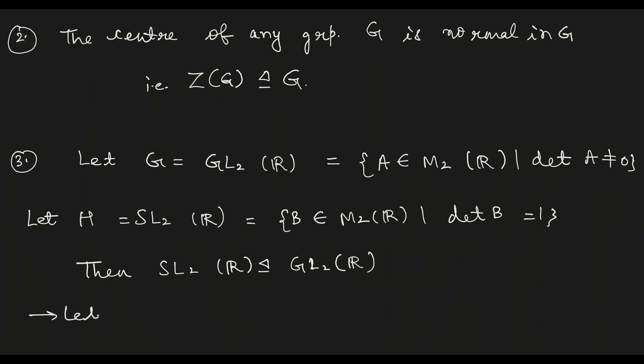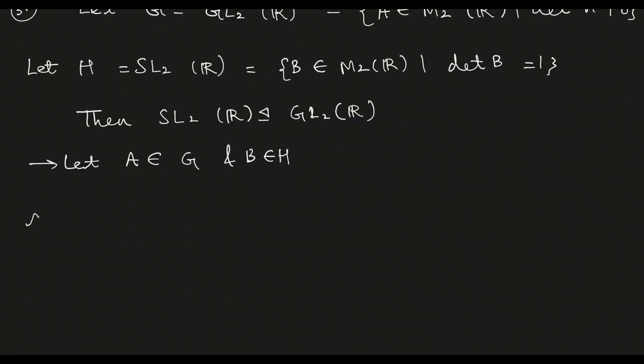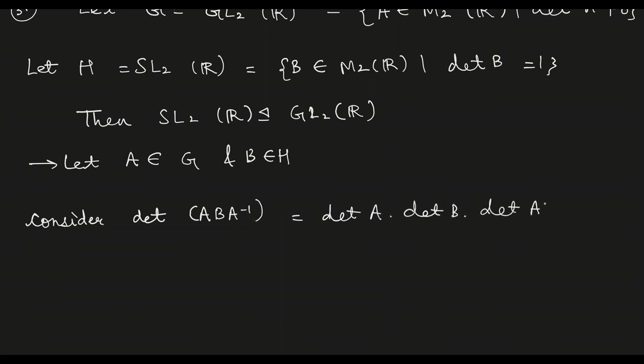Let A belongs to G and B belongs to H. Consider determinant of A B A inverse. This is equal to determinant of A into determinant of B into determinant of A inverse. Sorry, determinant of B is 1.